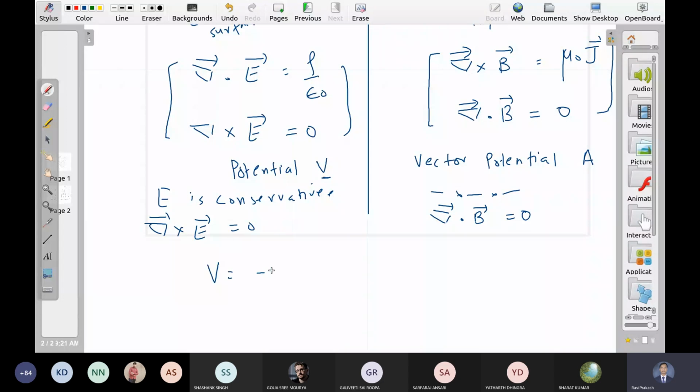E is equal to minus del V. Sorry. What is the definition here? We will discuss in a moment. And then all the things related to electric potentials. So first of all, let us talk about what it is and how it comes.